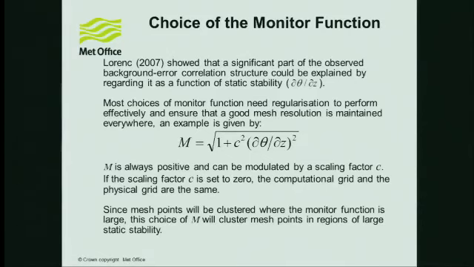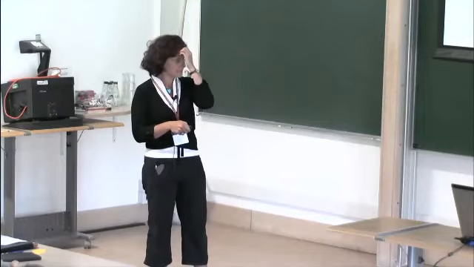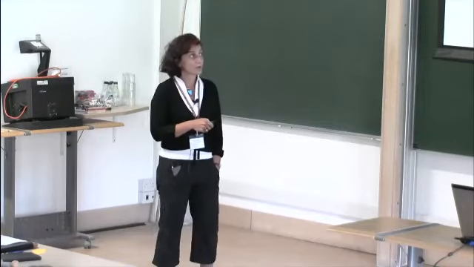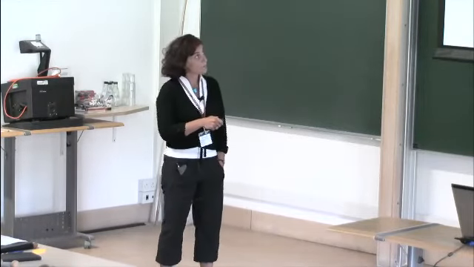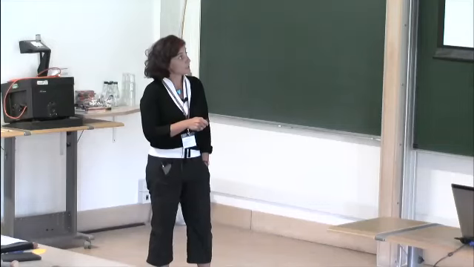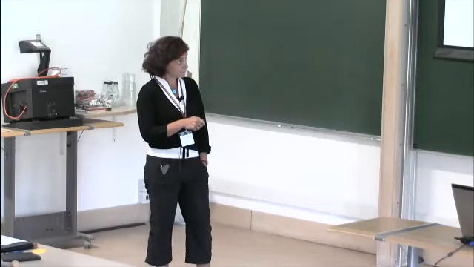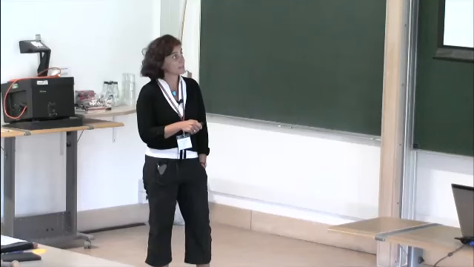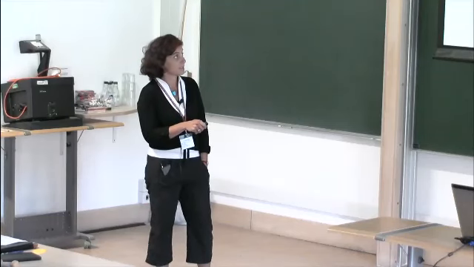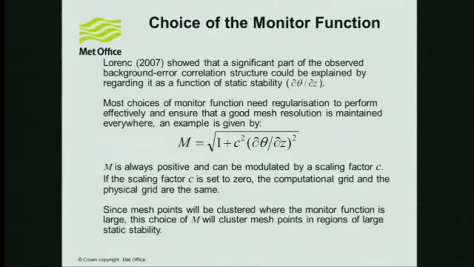We also need to regularize it in order to have good resolution, not only around the feature that we want to diagnose, in this case the strong inversion, but also everywhere else. This is how we have regularized it to ensure the monitor function is positive, and it can be tuned by this constant C. If C is equal to 0, basically we don't have any adaptivity in the system.